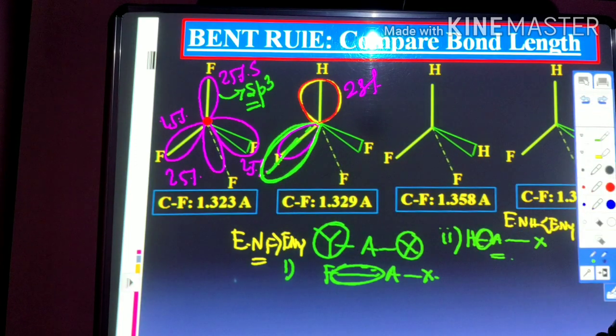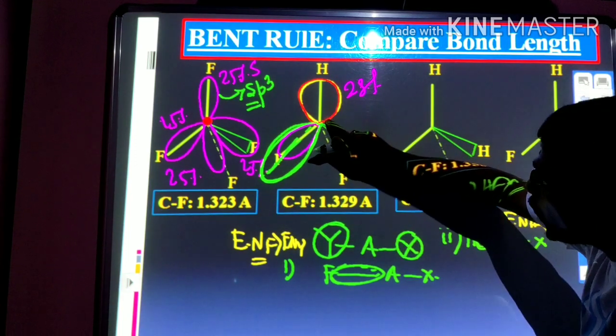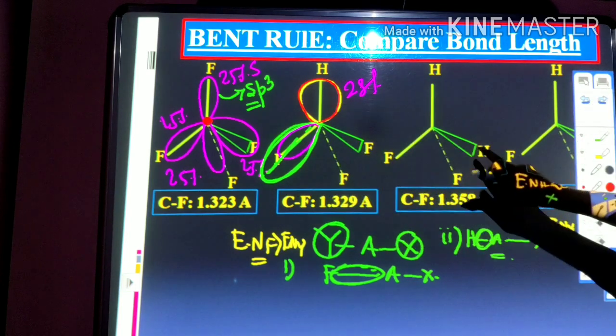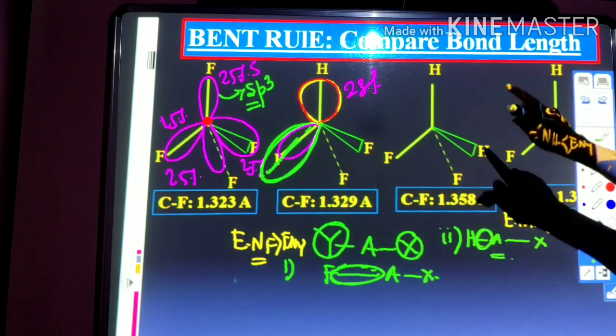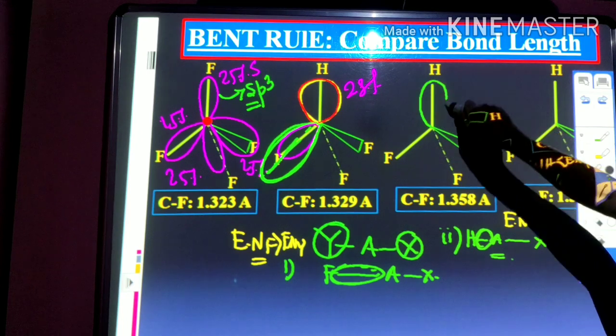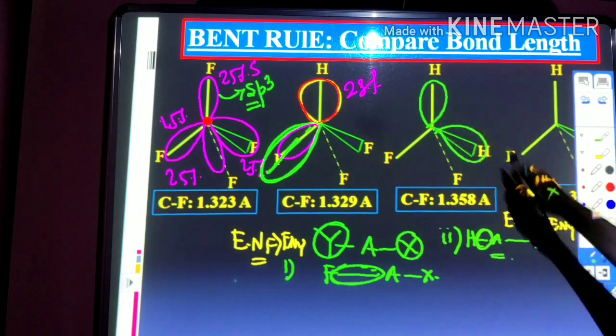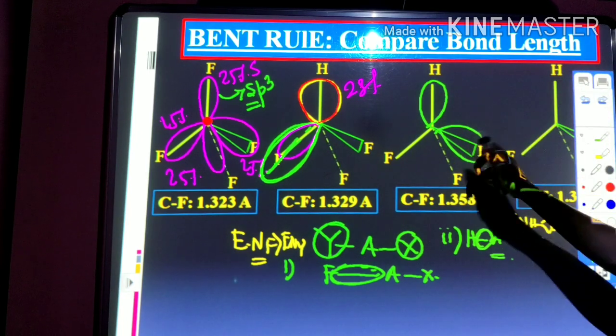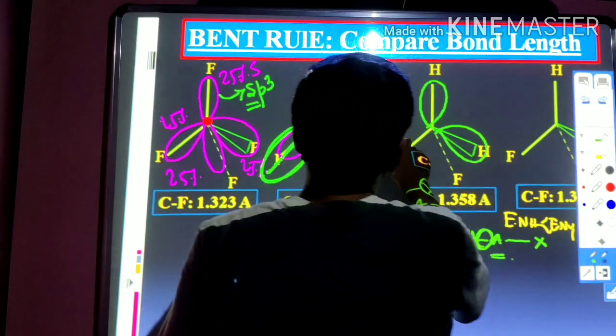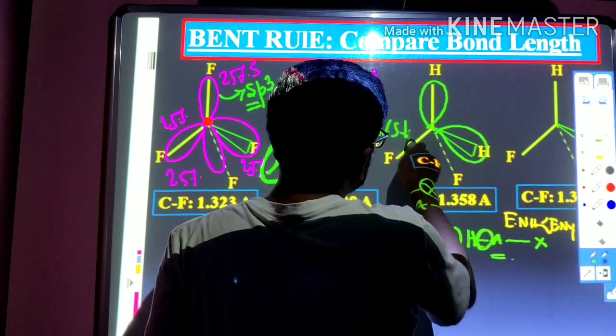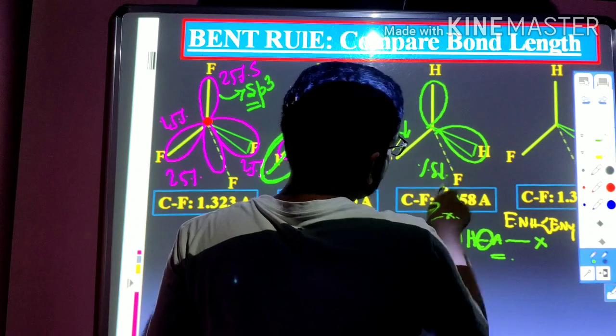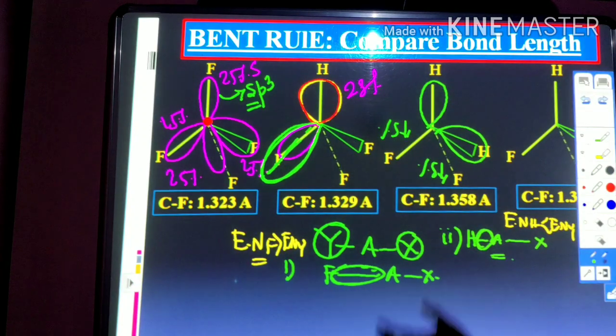Did you get my point? Now if you replace one more F by one more H, again here the percentage of S character increases and in the other bonds it decreases, so bond length will increase.